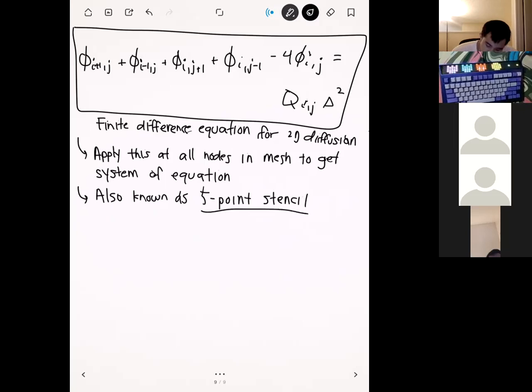And so the reason for that is that in this equation, we need 5 different points. Let me draw a node right here. Let's say that this is the i comma j node. In order to apply this equation, we're going to need to have neighbors to the left, to the right, above it, and below it.